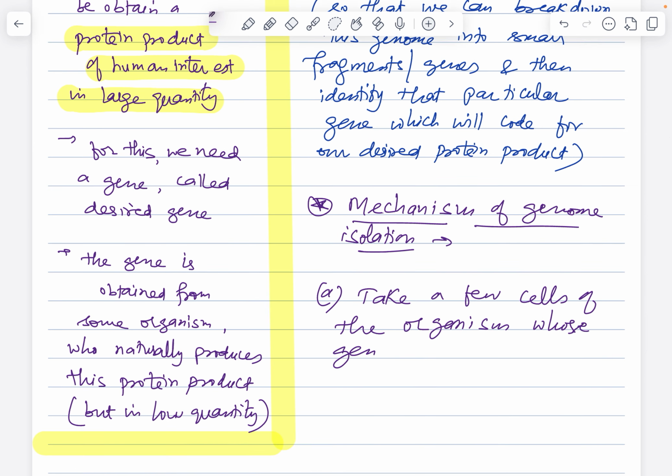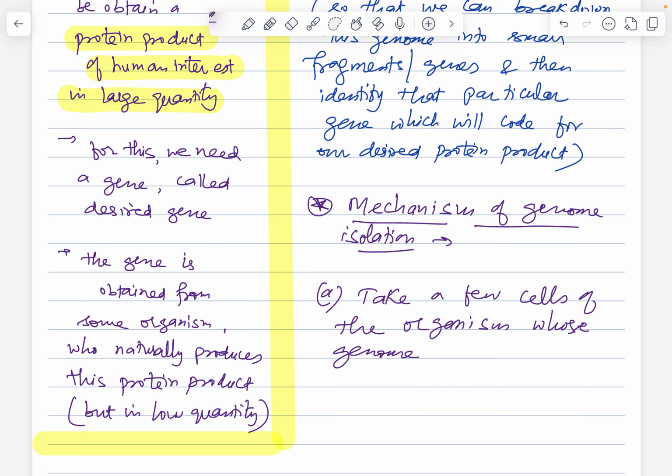So for example, you are trying to produce a protein product that is produced by some bacteria naturally, but in very less quantity, and you want that product in mass quantity. So what you need to do is take out the genome of the bacteria and then break it down and identify the gene that would help you obtain the same protein product in large quantity.